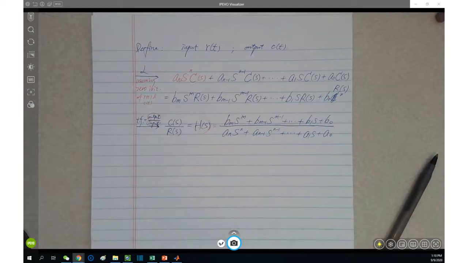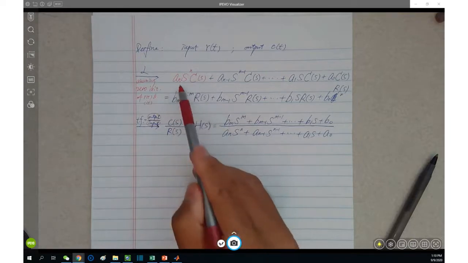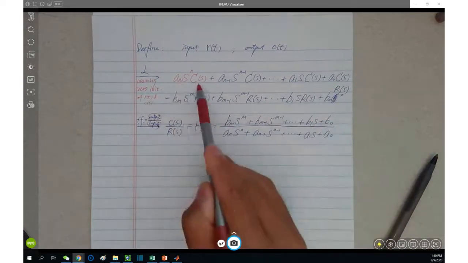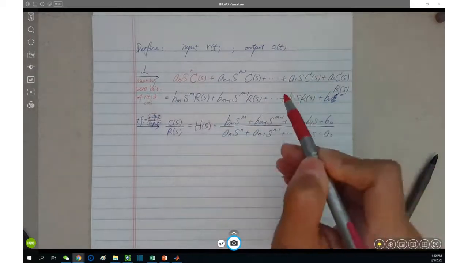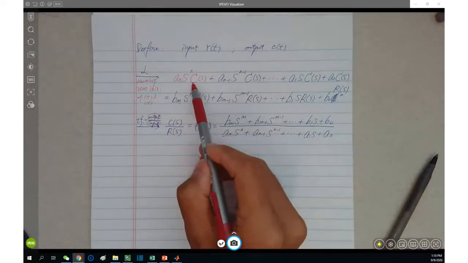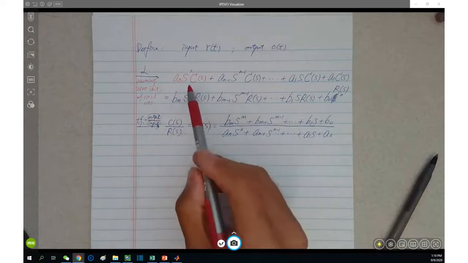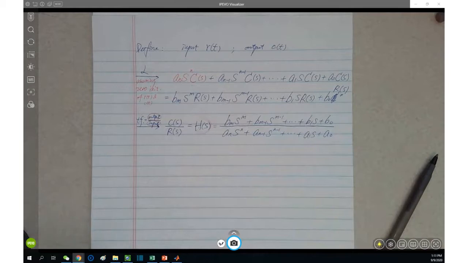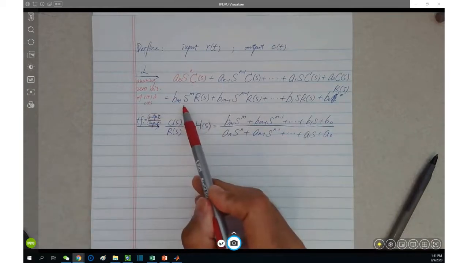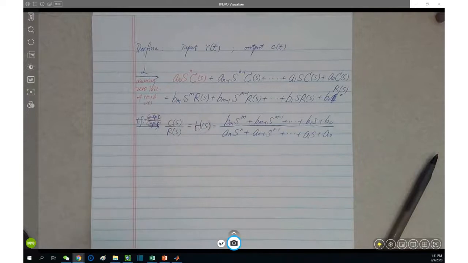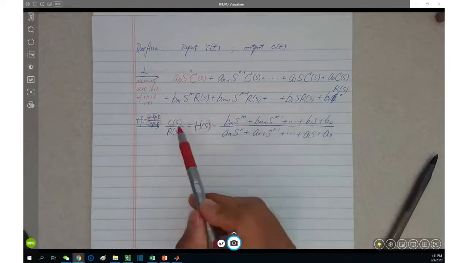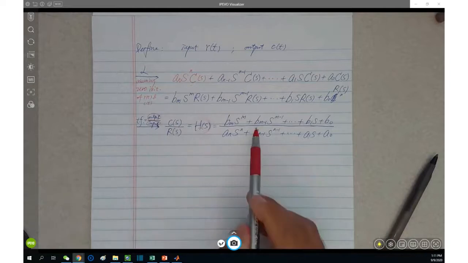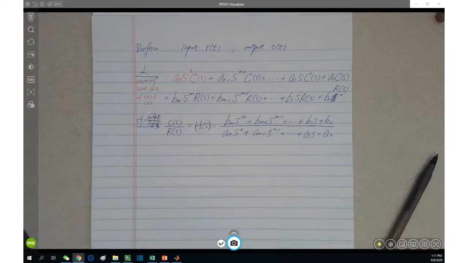In other words, on the left-hand side of the equal sign, we extract capital C of S out and leave a sum of the A coefficients, and do the same thing to the right-hand side of the equal sign. Then you organize them into a format like this. This is how we come up with the transfer function.